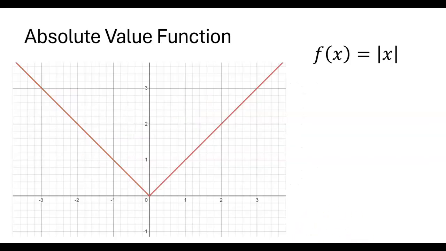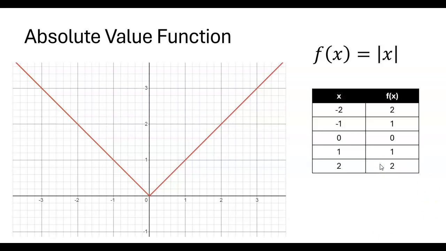The next parent function is the absolute value function. Remember, absolute value is the distance from 0. So when I plug in a -2, -2 is 2 units from 0, so the absolute value of -2 is 2. You will notice this yields a v-type function. I always think about an absolute value graph as a v in some way, shape, or form.